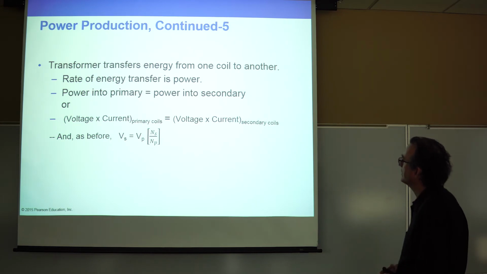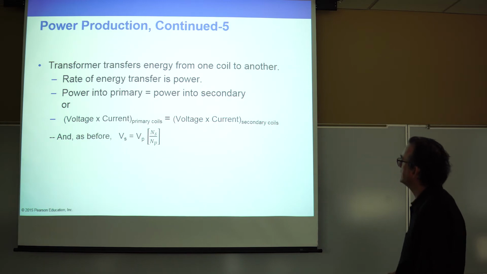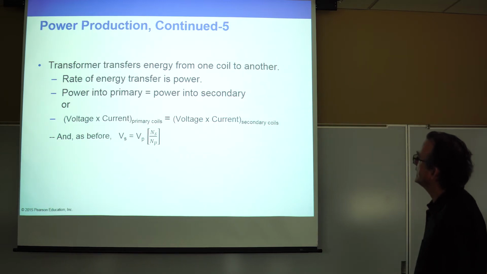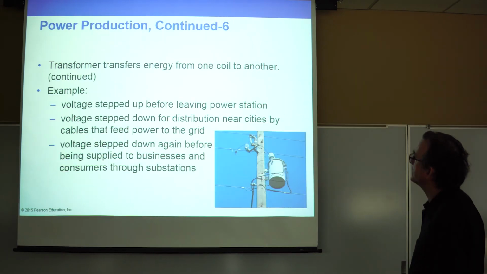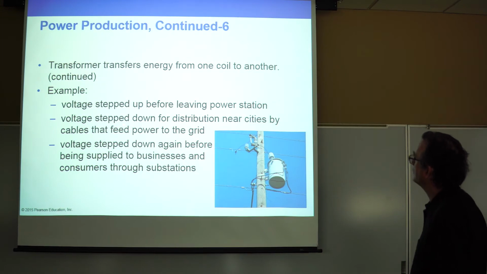And so for an ideal system, we can say that the voltage times the current in the primary coils is equal to the voltage times the current in the secondary coils. And so stepping up the voltage means stepping down the current, and stepping down the voltage means stepping up the current. A transformer transfers energy from one coil to another. For example, voltage is stepped up before leaving the power station.